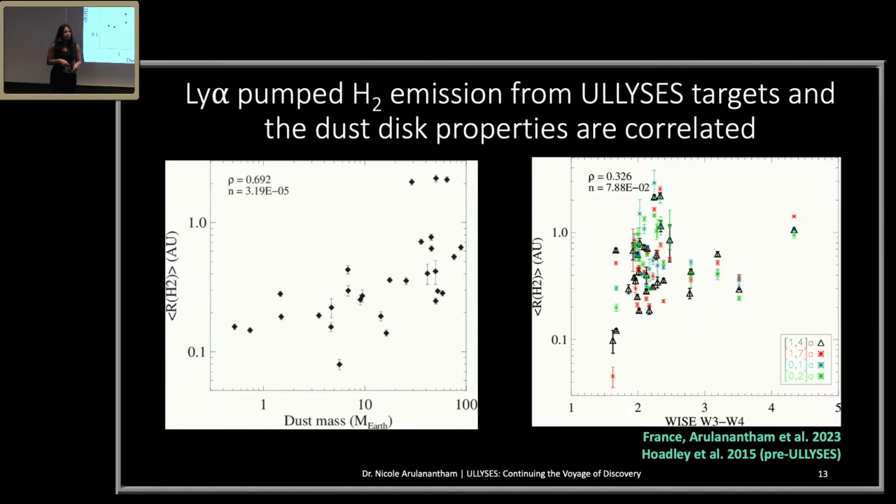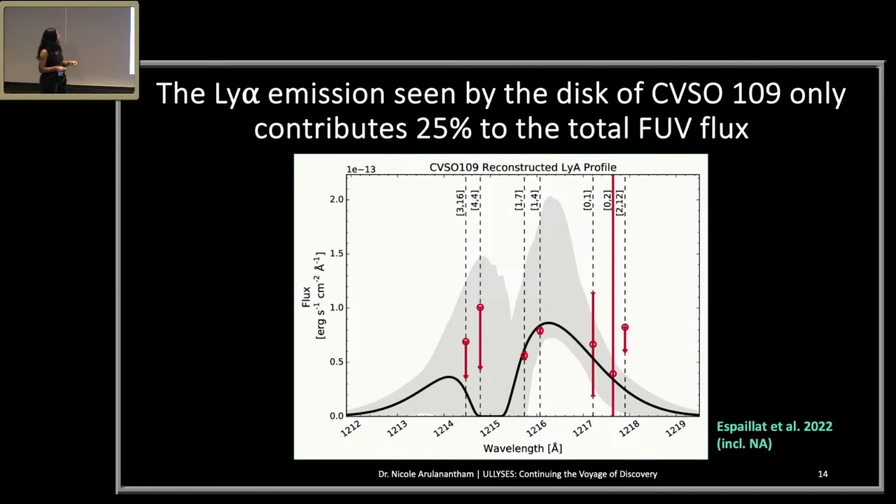So if we try to then back out what the radiation field itself would look like for this gas in the disk, I'm talking a lot about the wings that we've seen contaminated. If we use these H2 emission lines to reconstruct what's happening with the Lyman alpha at the surface of that very hot gas layer, we see some very interesting things. So this is a Lyman alpha reconstruction.